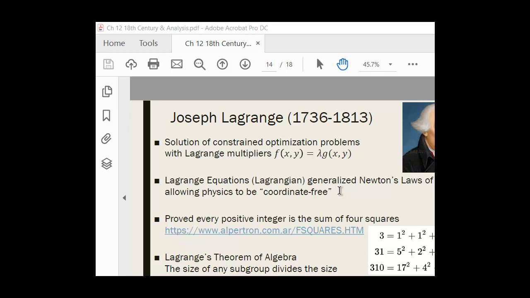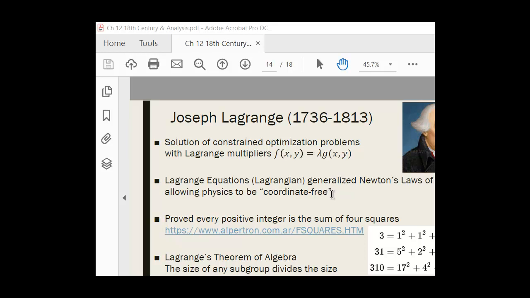And so why should how we describe a stone be dependent on how we choose to describe our space coordinates? I mean, people were also now using polar coordinates. So what if I want to describe the motion of the stone in polar coordinates instead of rectangular coordinates?